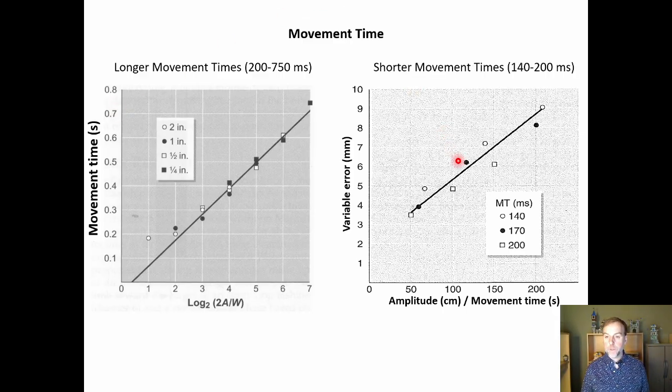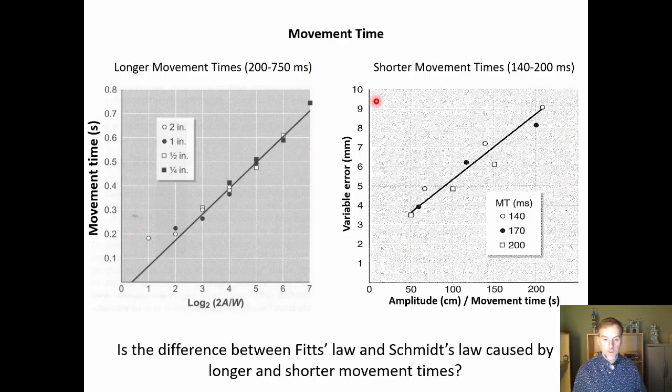When we look at the original Schmidt's experiment, the movement times were much shorter. They ranged from 140 to 200. So both experiments reach 200, but generally we can say that in Schmidt's law there were shorter movement times, and in Fitts' law there were longer movement times. So there is this question of, is one linear and one logarithmic because we didn't fairly compare them?